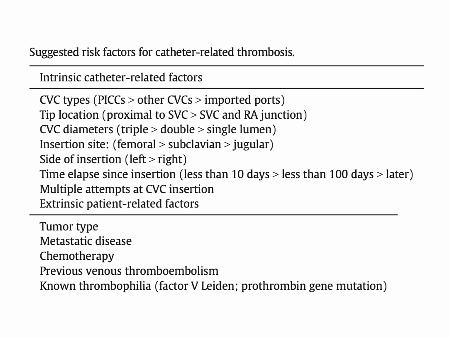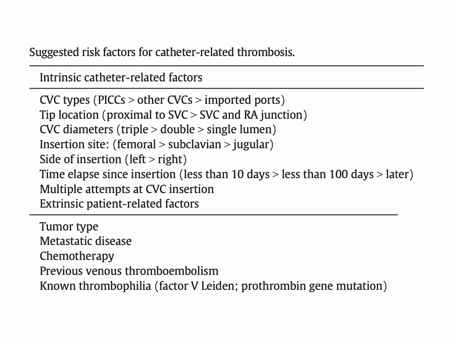The site of insertion, left or right side, is pretty self-explanatory. Coming from a left approach, particularly with a PICC, requires more curvature and more turns within the vascular system, so there are more contact points where the catheter external wall comes in contact with the internal wall of the vessel.